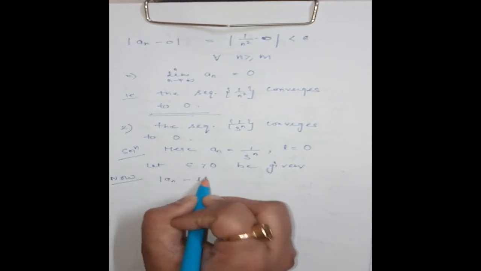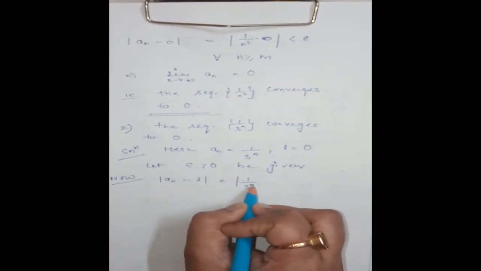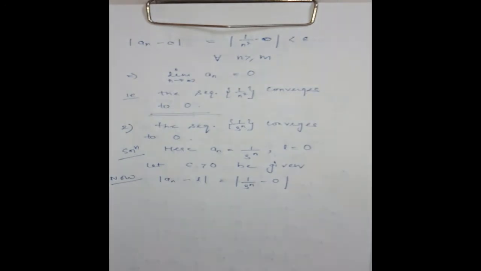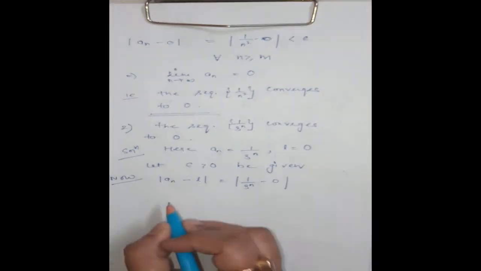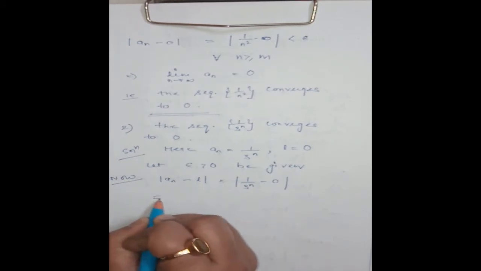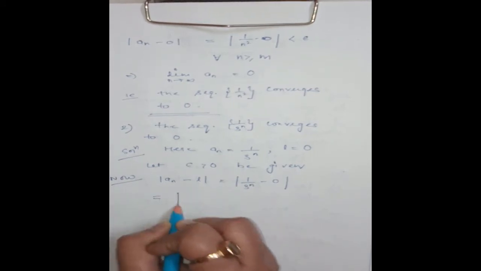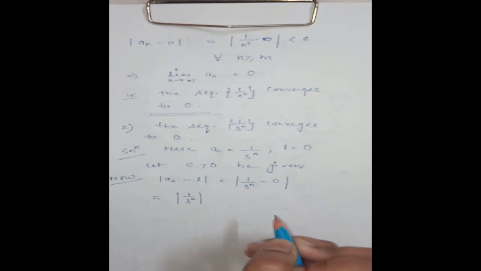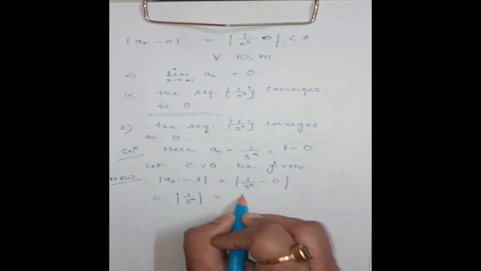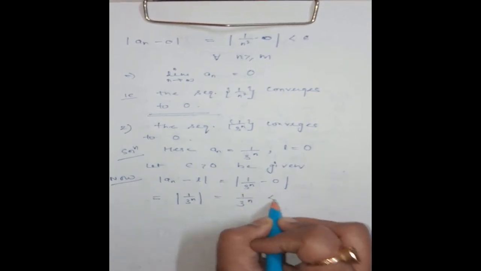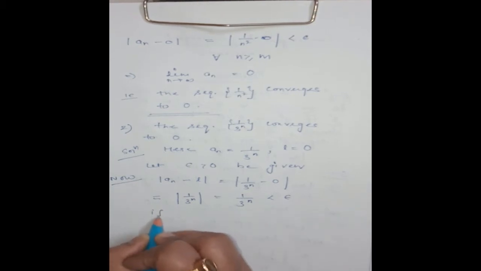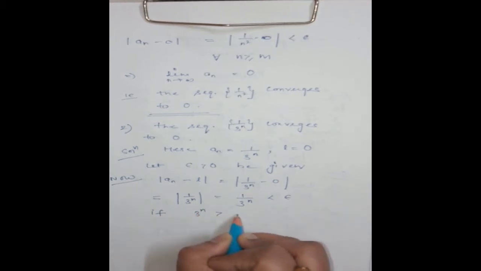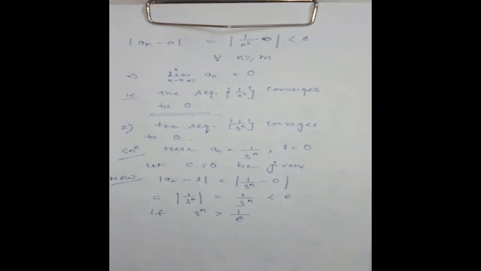Now |a_n - L|, that is |1/3^n - 0|, is equal to 1/3^n. Now this is less than epsilon if 3^n is greater than 1/epsilon. Clear?